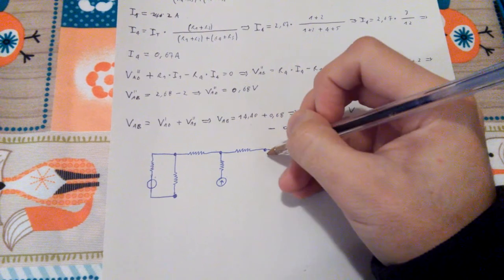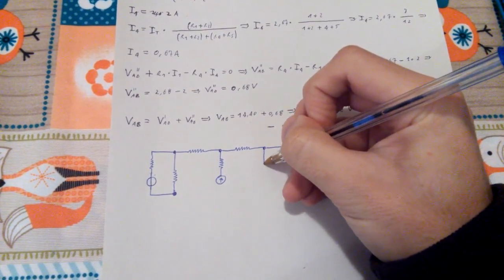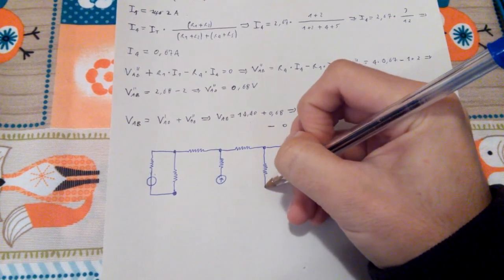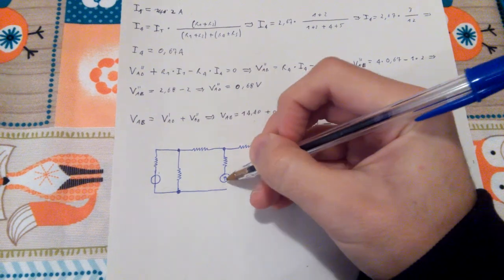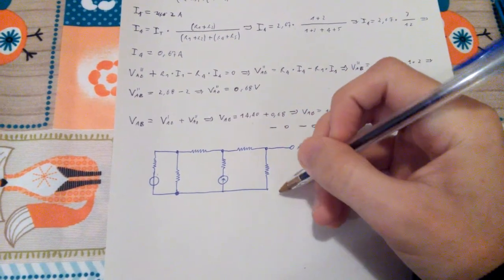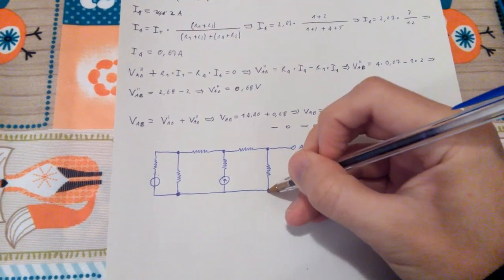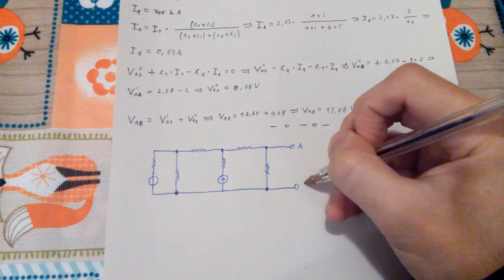And then over here, just a resistance. There we go. This is another node, and this one is my point B.